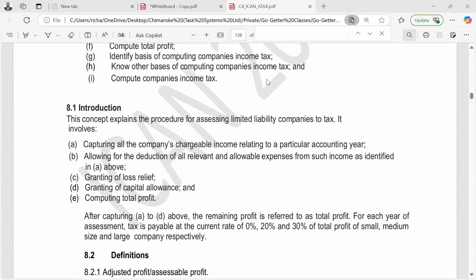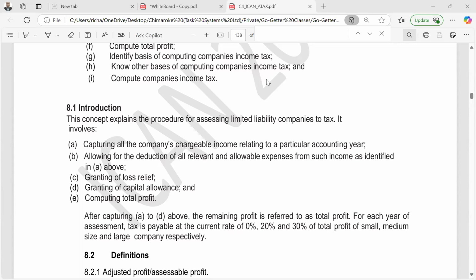Now, there's going to be a granting of loss relief. And when the loss relief has been granted, the next thing that is being granted is capital allowance. And when the capital allowance has been granted, that's the last thing before you get what they call total profit.